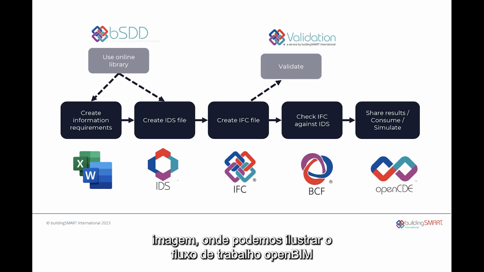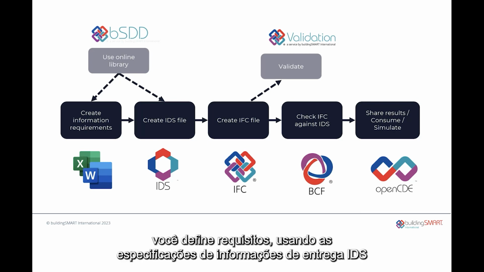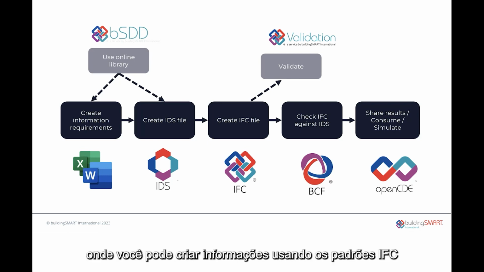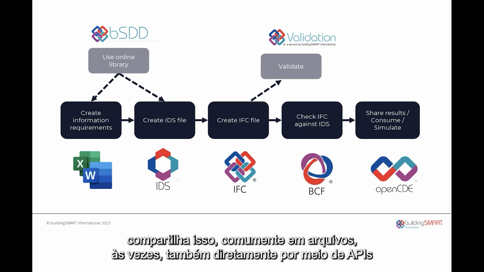So this is where we can come to this relatively complete picture that we can paint. The full openBIM workflow. You define requirements using information delivery specification, computer interpretable files. Then you create information using an IFC standard, exchange that usually in files, sometimes also directly through APIs.